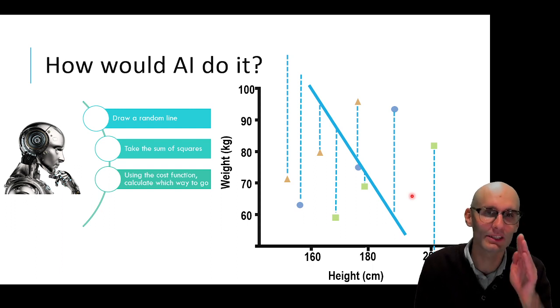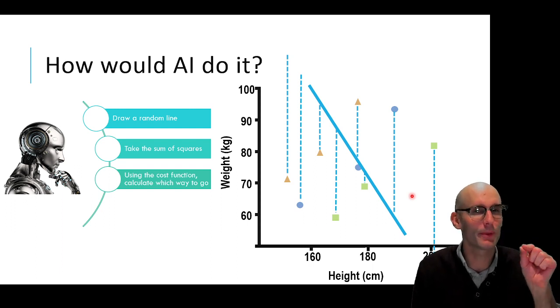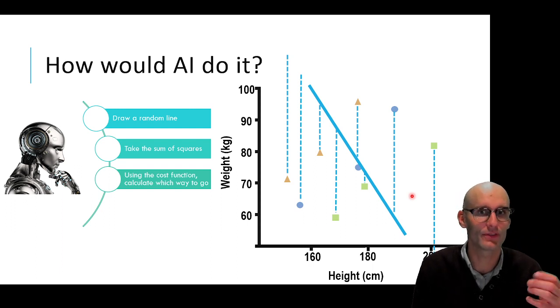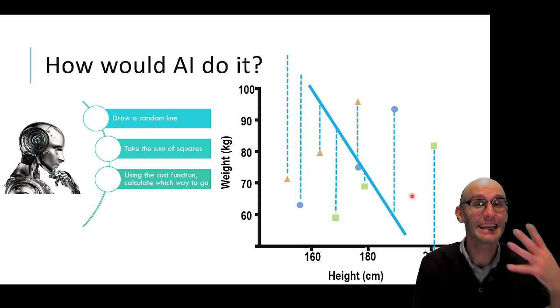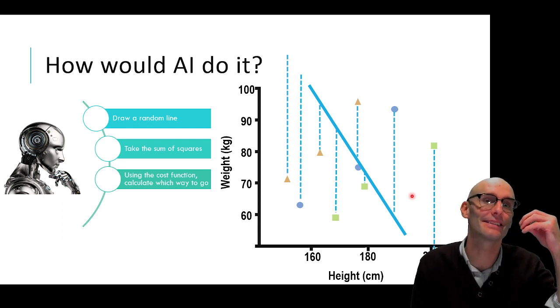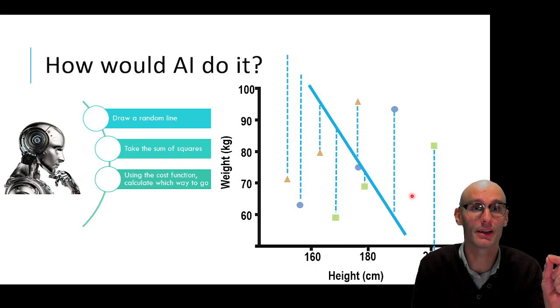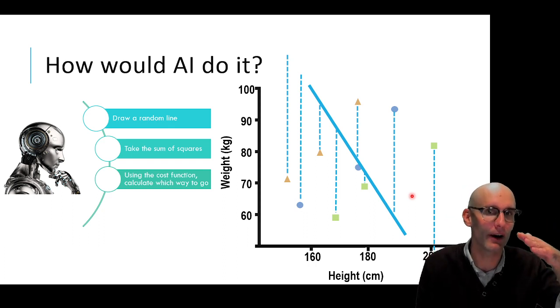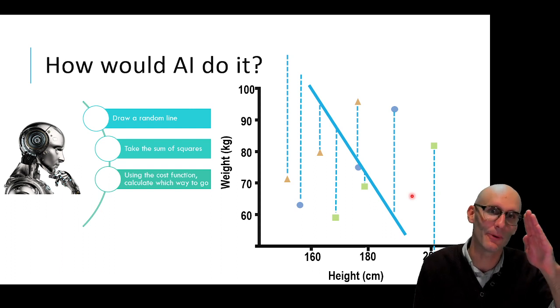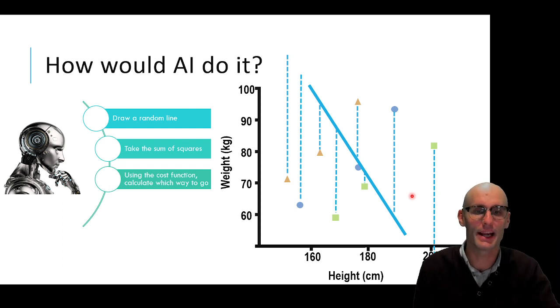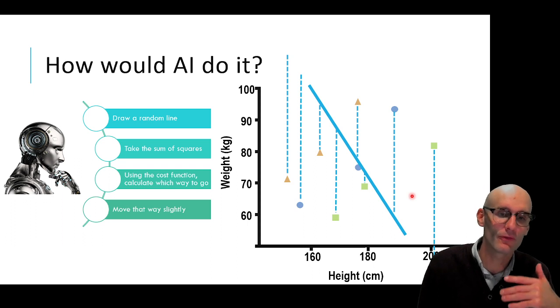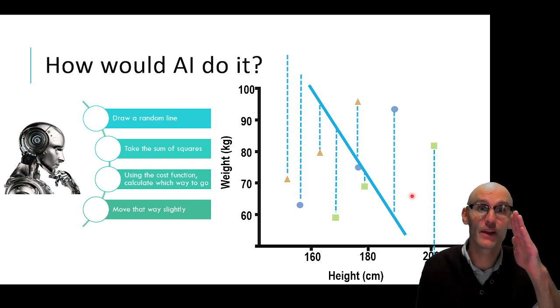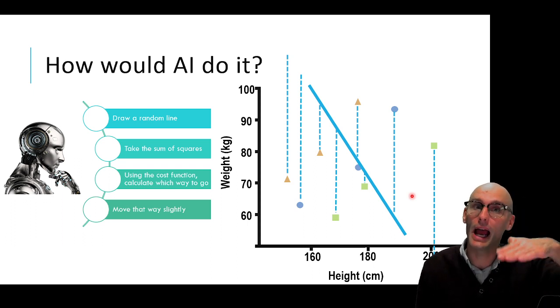It uses the formula that calculates the cost function, which is the score on how bad our model is, which is sums of squares. It actually manipulates that formula, it differentiates it, but anyway, to figure out what's the best way to go. And then once it figures that out, it's going to move that way slightly, because it doesn't actually know how far to move.